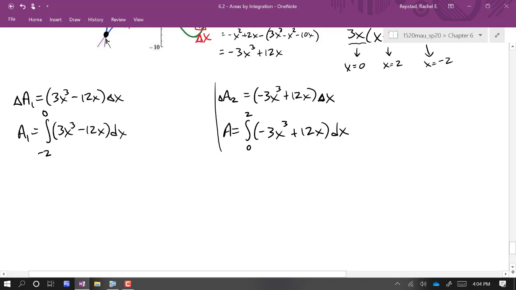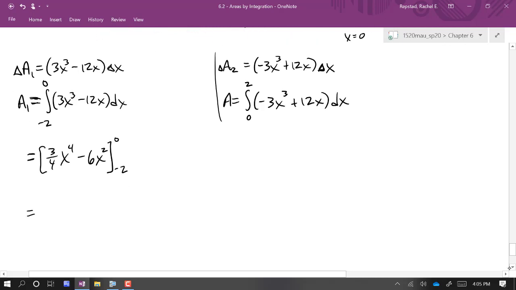They're both going to be relatively simple to find just because they are polynomials. So we don't have to do any substitutions, I guess. That's what I mean when I say relatively simple. We always want to make sure that we're being careful when we do the integration. So applying the power rule, we get 3/4 x to the 4th minus 6x squared. This is from -2 to 0. Now if I plug in 0, every term is a factor of x, so if we plug in 0, we are going to get 0. That won't be a surprise. And then we're going to plug in -2.